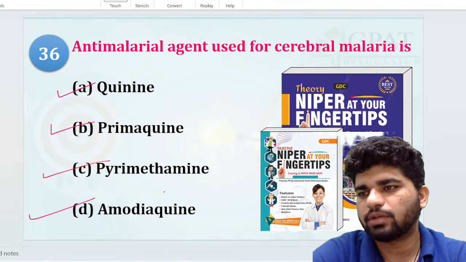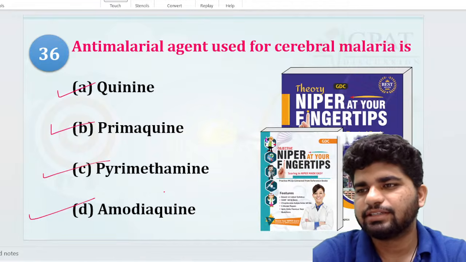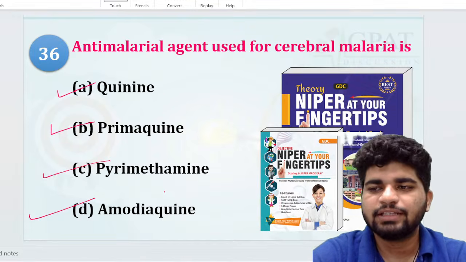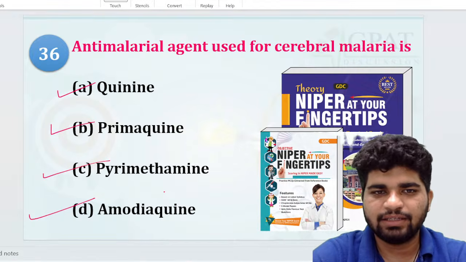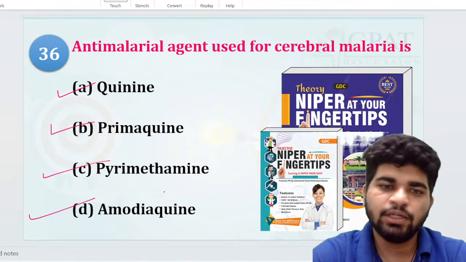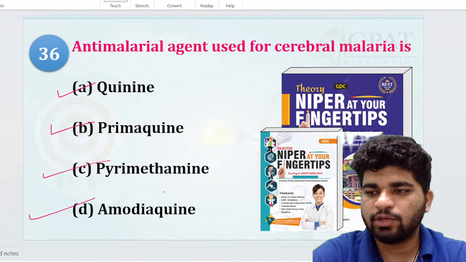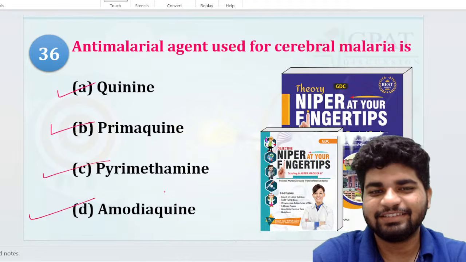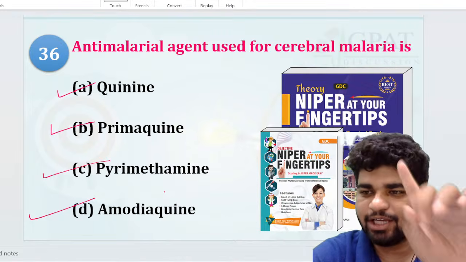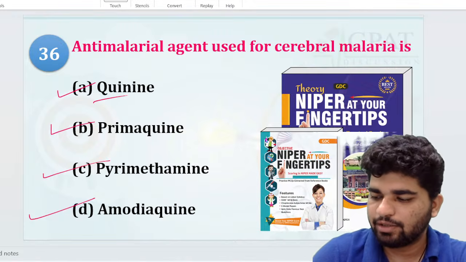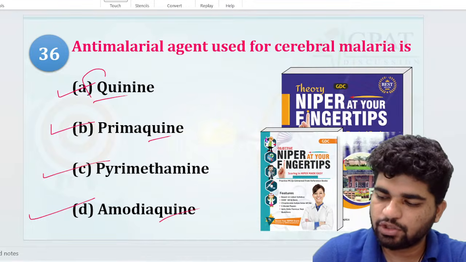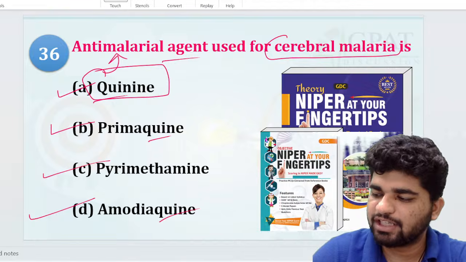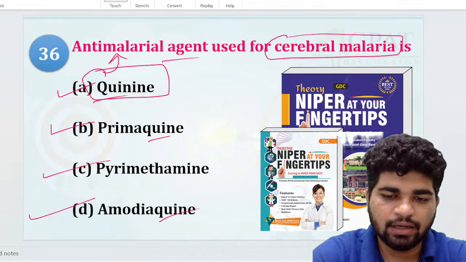Simple question. There will be a quin only. Is it quinine, primaquine, or amodiaquine? That is quinine, guys. Quinine is your anti-malarial agent that is used for cerebral malaria.